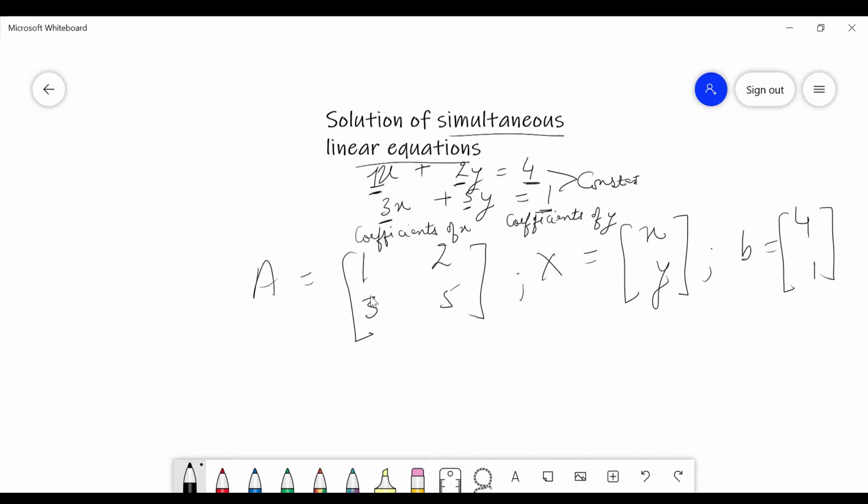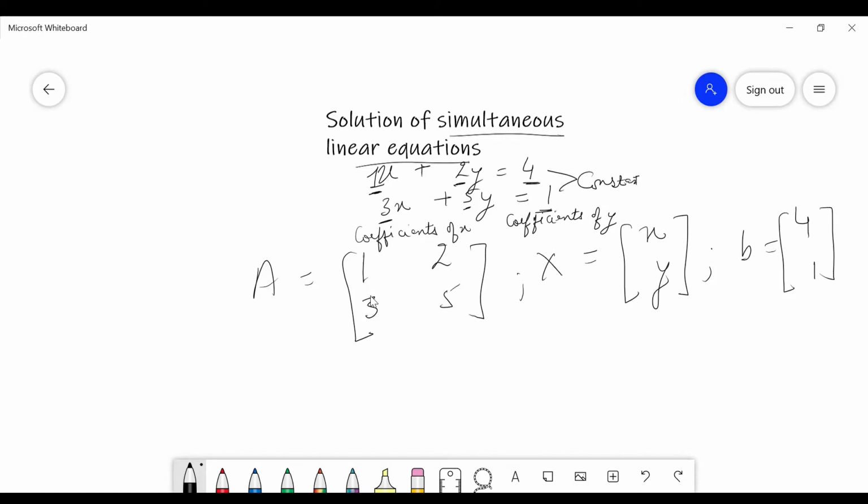This 1 is the coefficient of x, this 3 is the coefficient of x, this 2 is the coefficient of y, and this 5 is the coefficient of y in the second equation. X and Y mean we have two variables which are multiplied with these coefficients, and B holds the values given on the right hand side, 4 and 1.